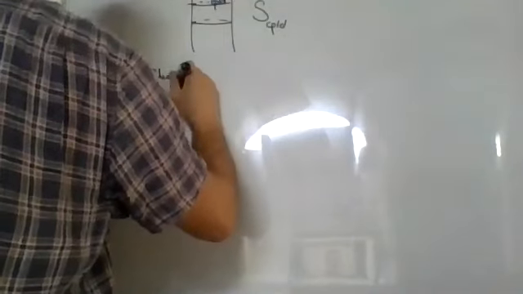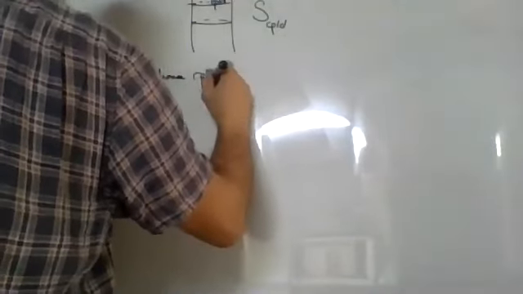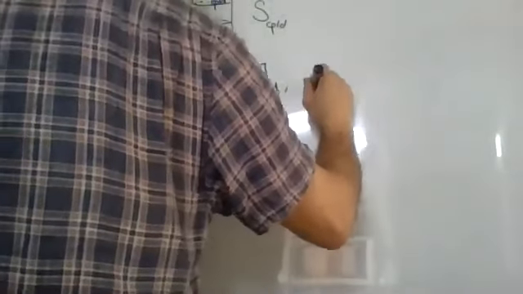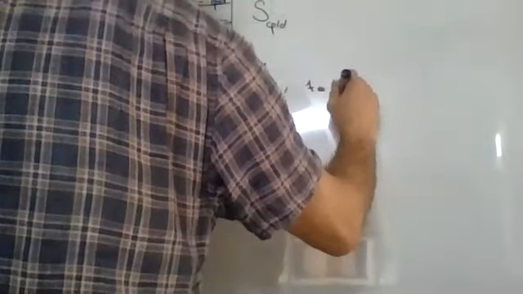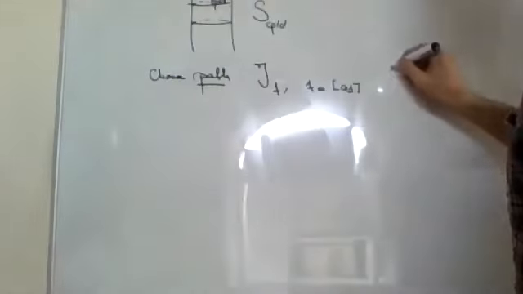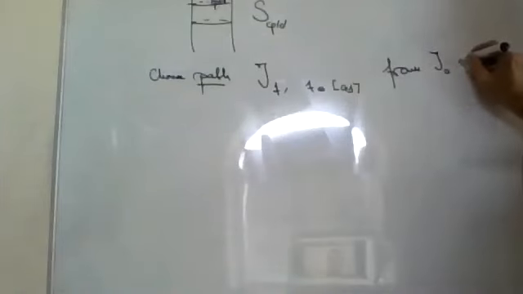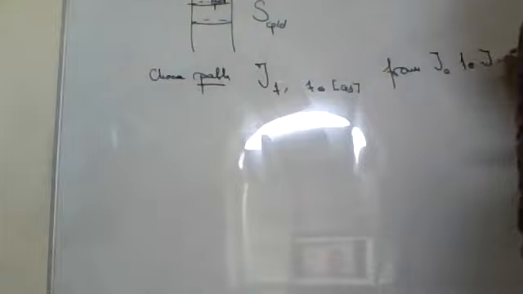Okay? So he chooses a path J_t, t in [0,1], from the good one to this extension.